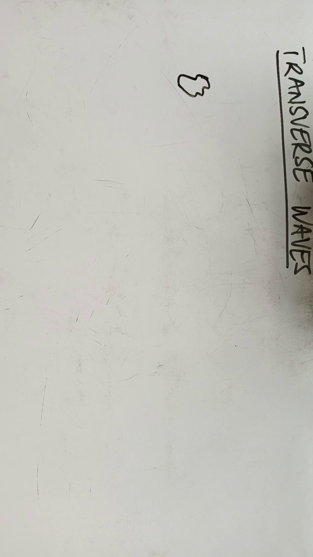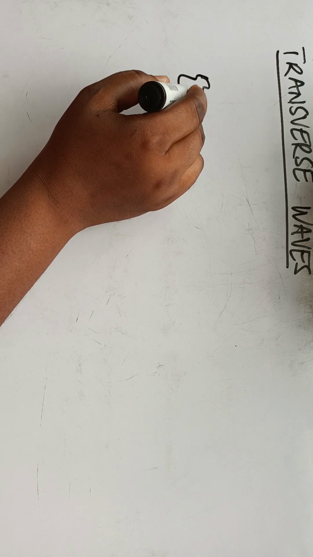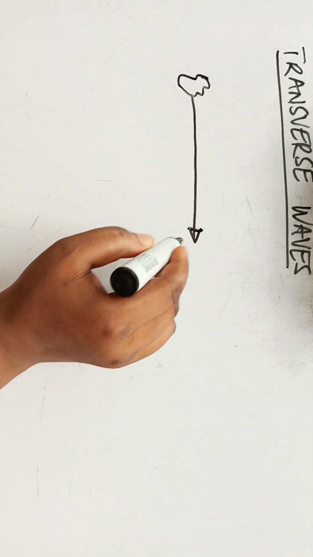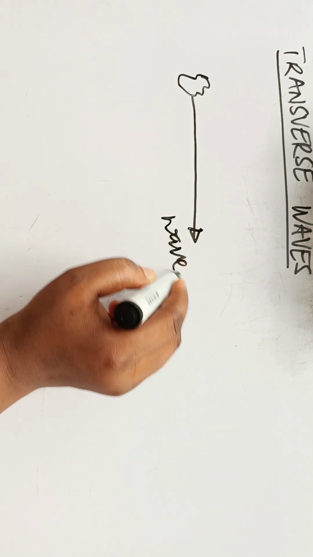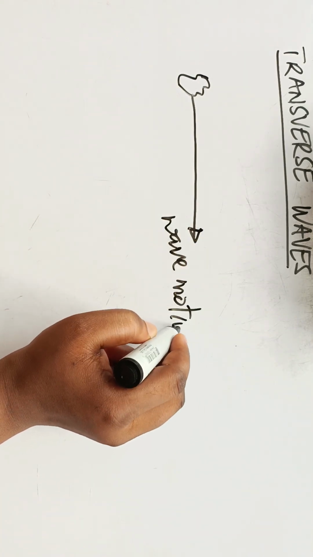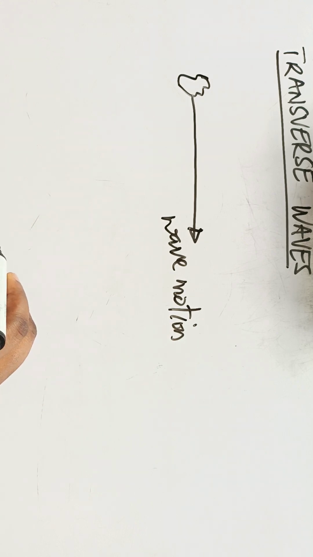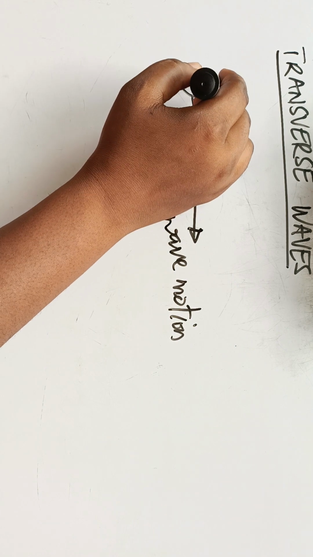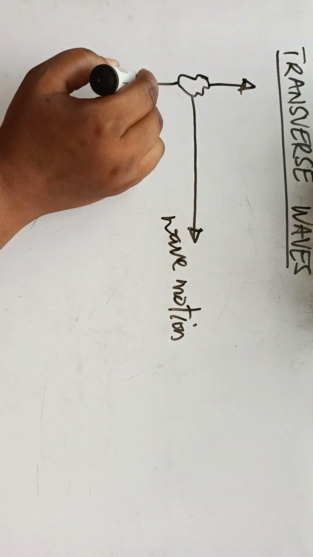Now we are saying that with a transverse wave, the wave motion is horizontal. The motion of the wave is horizontal, but the vibrational particle motion is upward or downward.